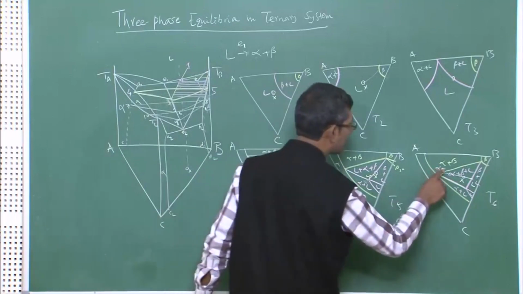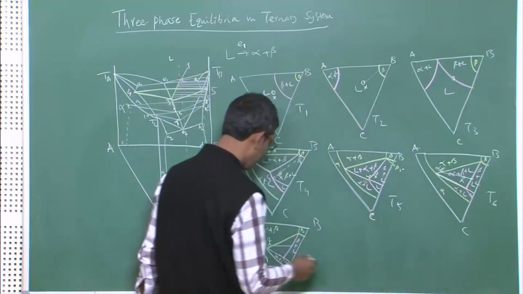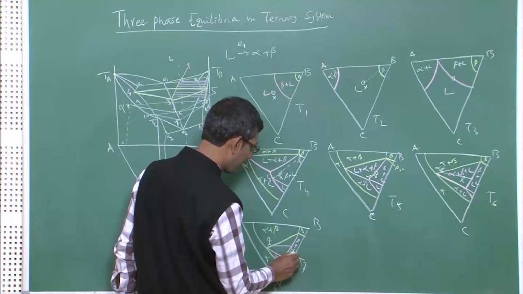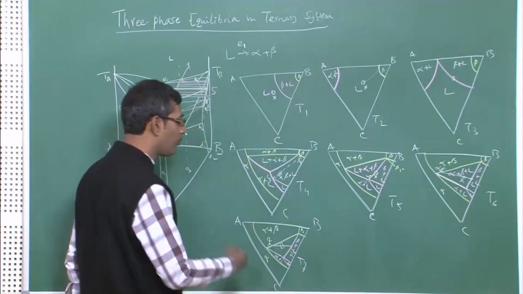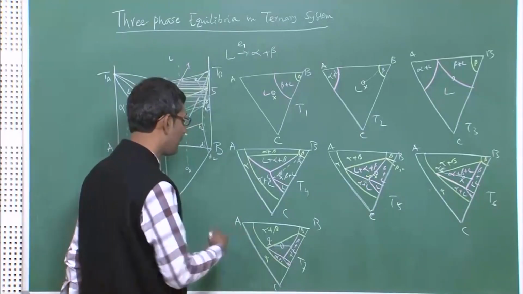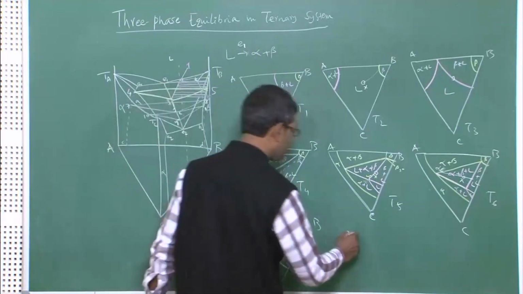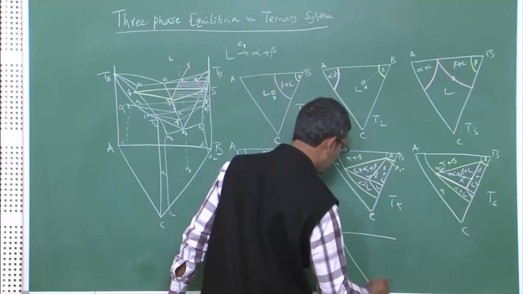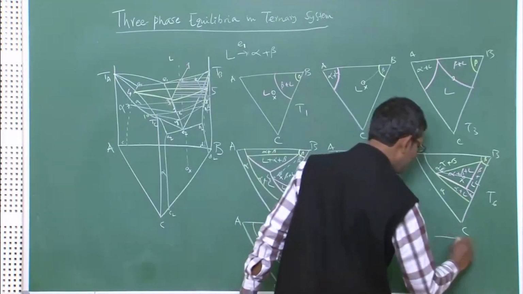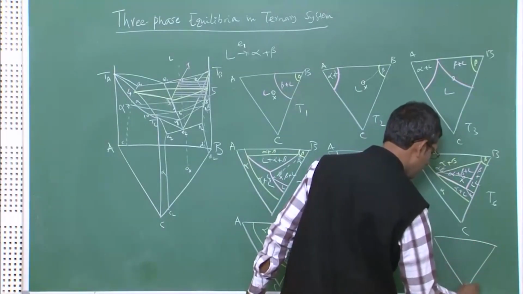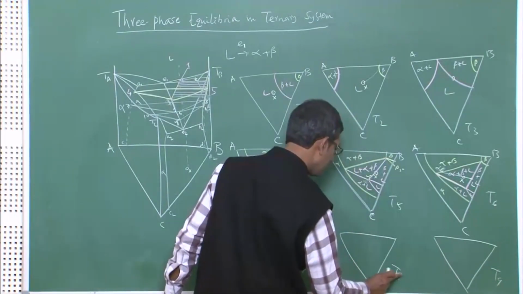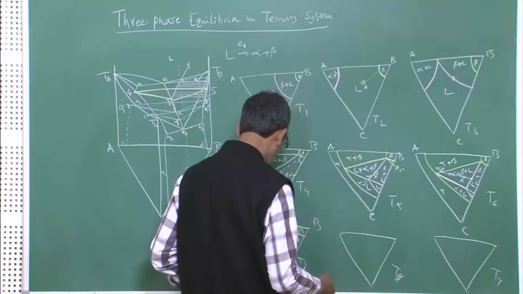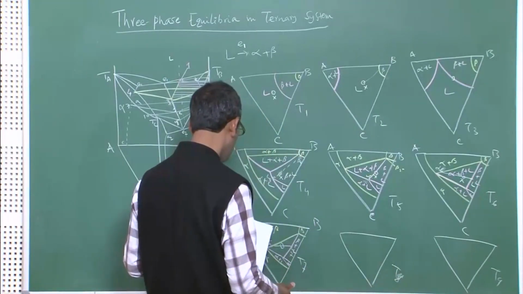This is alpha 6, alpha 7 and L7, okay, and your alloy composition is somewhere there. So, more and more alpha will precipitate, that means more and more eutectic reaction will happen. And now, at temperatures T8 and T9, things will happen almost similarly, okay.